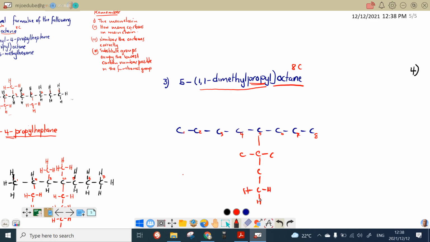There are the hydrogens. There's your propyl group, it has 3 carbons. And then this is your methyl group, it has a carbon. And the other one has a single carbon as well. And it's attached to carbon number 1, which is attached to carbon number 5 of the main chain. So you would place that there.